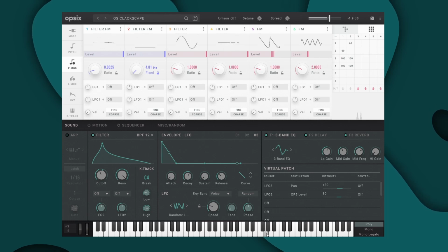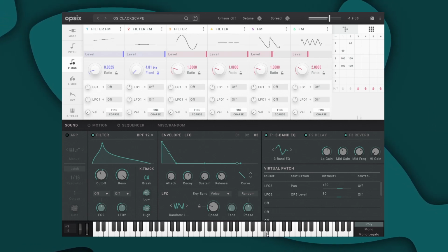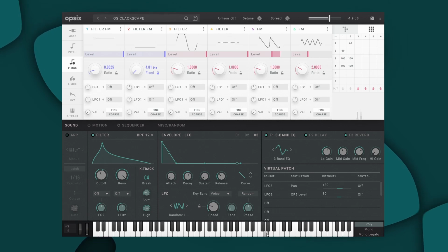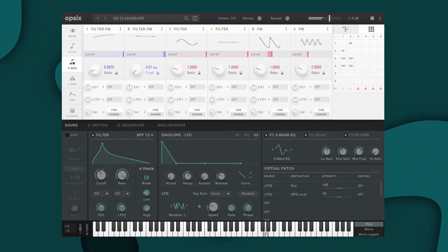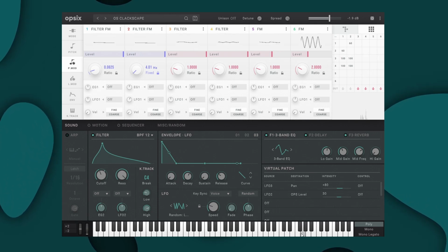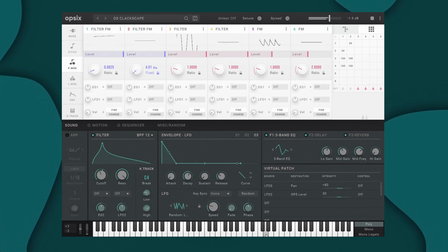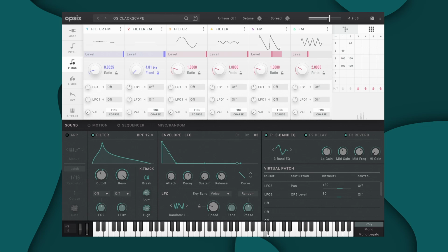To finish off, I wanted to just mention this patch because it's, I think, my favourite. It's these lovely organic, wooden resonances.